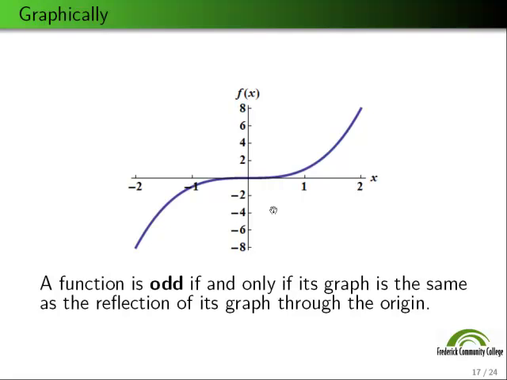What that means is if you fold over the vertical axis here, and then fold over the horizontal axis, you will get the graph to lie on itself again. So with odd functions, we have to fold two times: over the vertical axis and then over the horizontal axis.